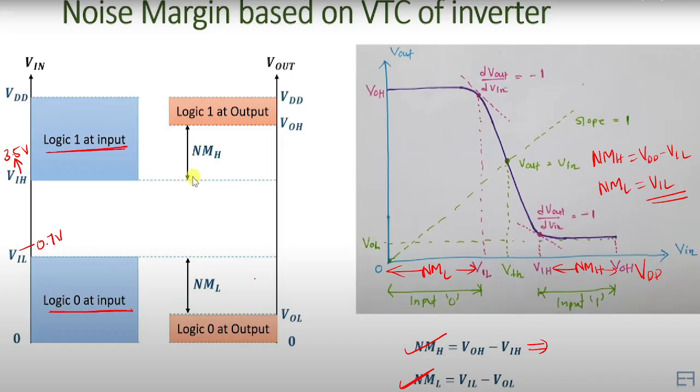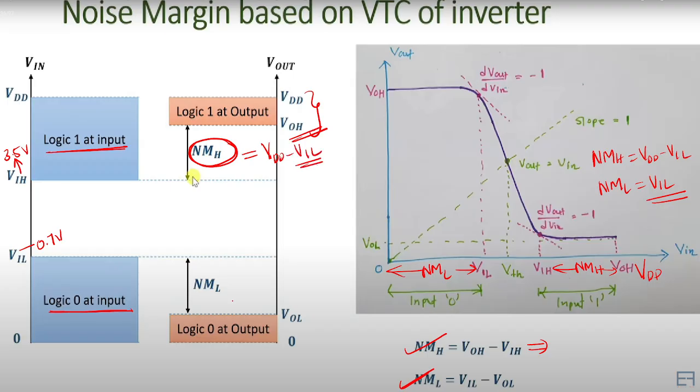If we give that input, you get the output logic 1 at VOH to VDD, so there is a difference. This is nothing but NMH, the difference VDD minus VIH.